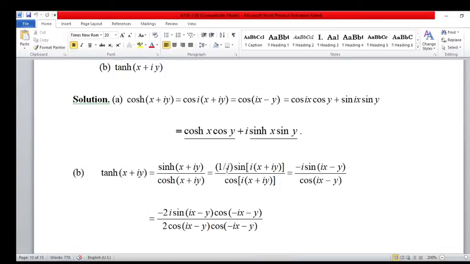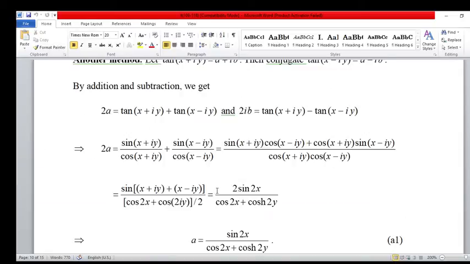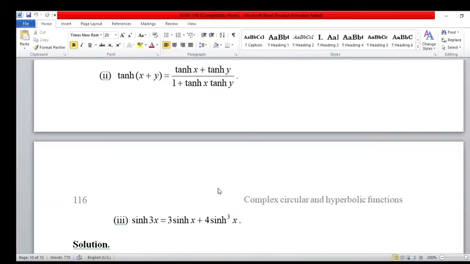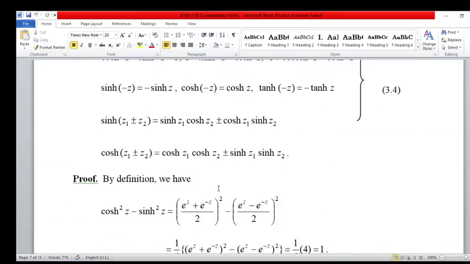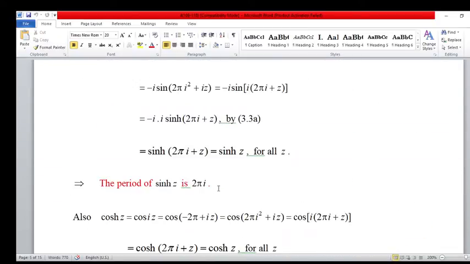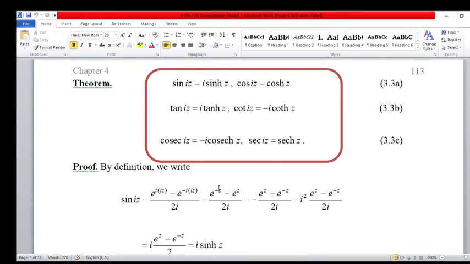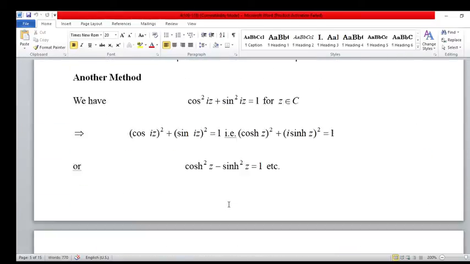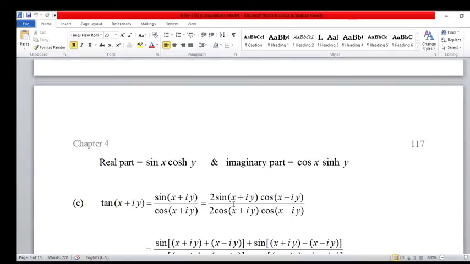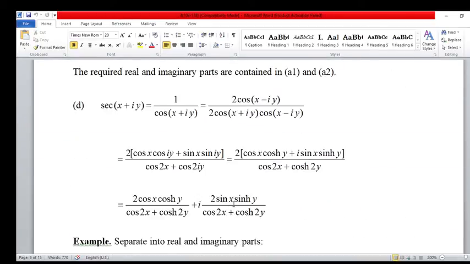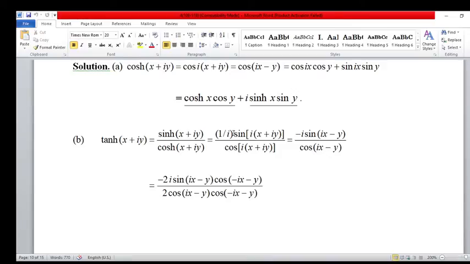This formula was given in the previous lecture: sin hyperbolic z is equal to sin iz upon i. This 1 upon i is present here.